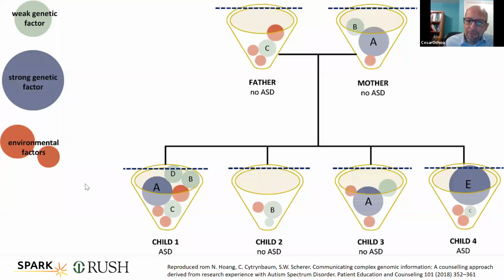So they have children, and child 1 got mom's rare variant with high risk for autism, and then got the dad's and the mom's common variants and 1 de novo variant that give small risk for autism, and also has some environmental factors.